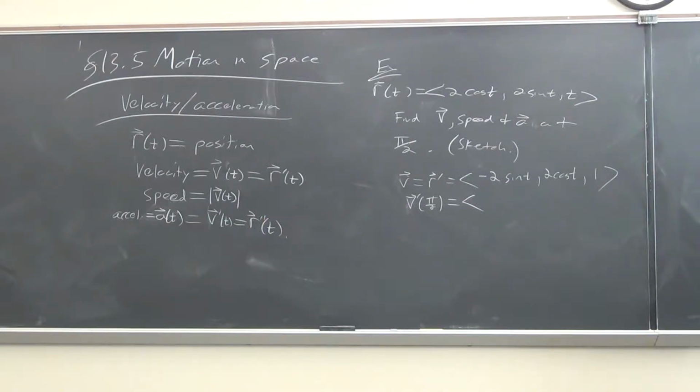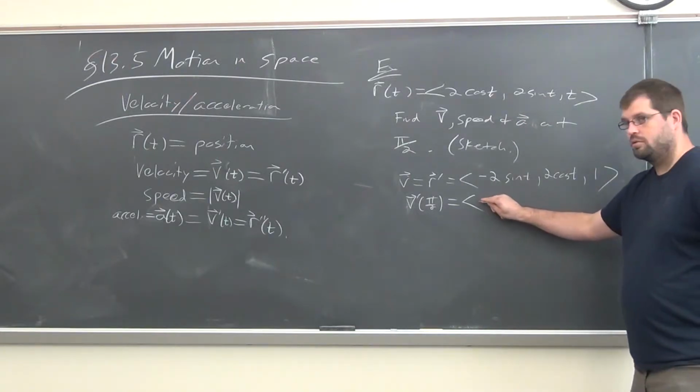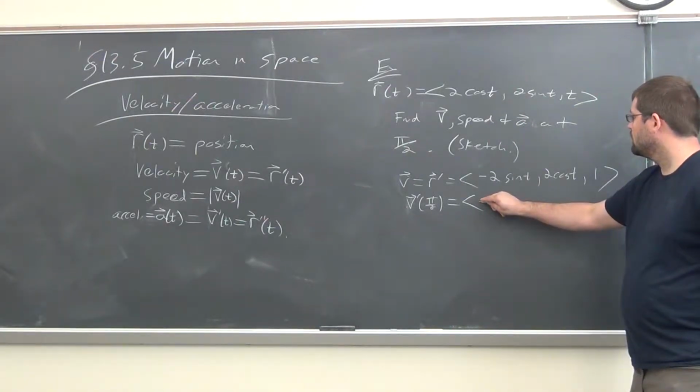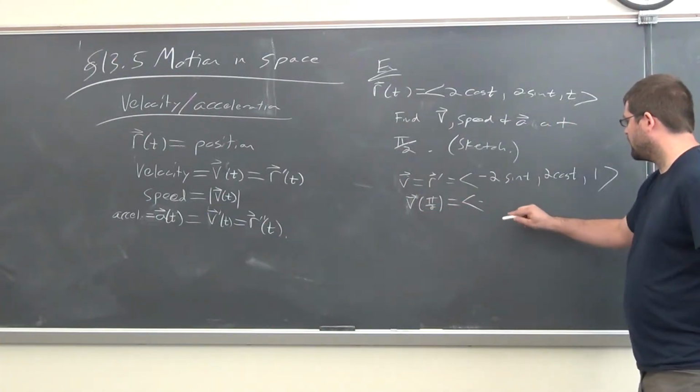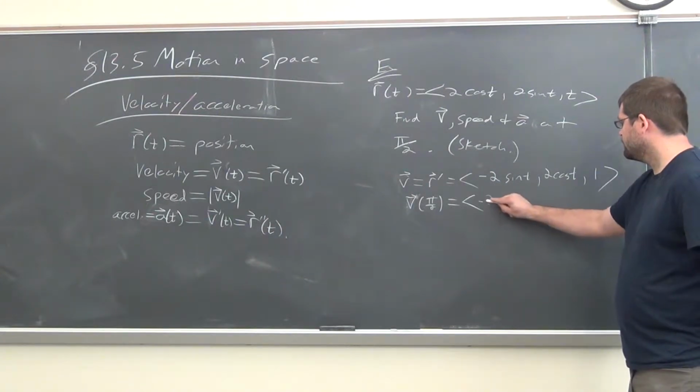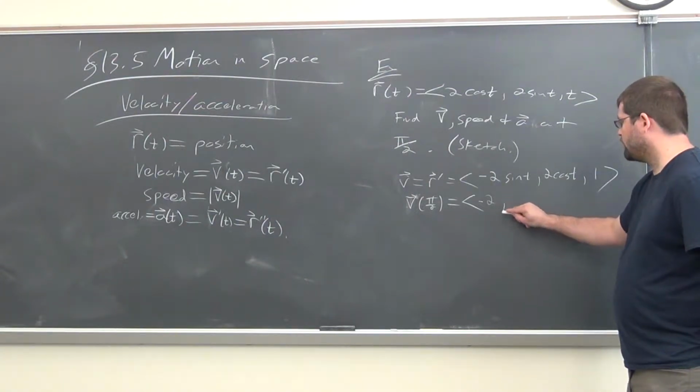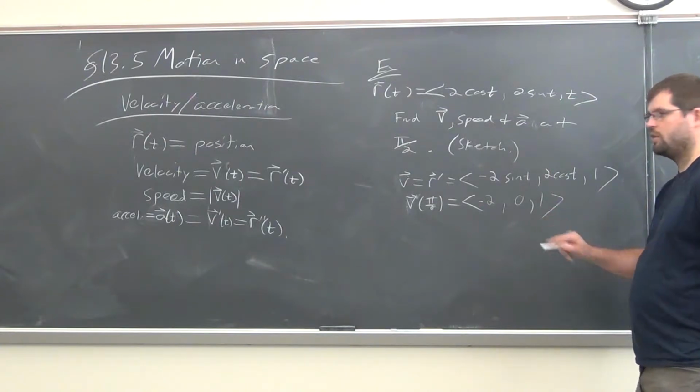So pi over 2 is 90 degrees, right? So sine, cosine, which ones, what are they at 90 degrees? Sine is 1 and cosine is 0. You need the derivative or just the normal? Oh, I didn't mean, right. Thank you. So it's just going to be negative 2, 0, 1. Is that okay?